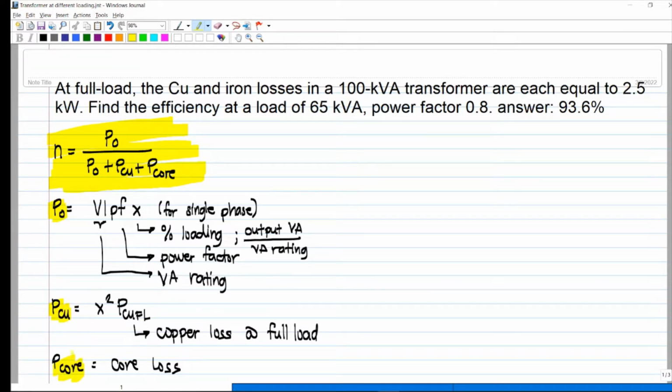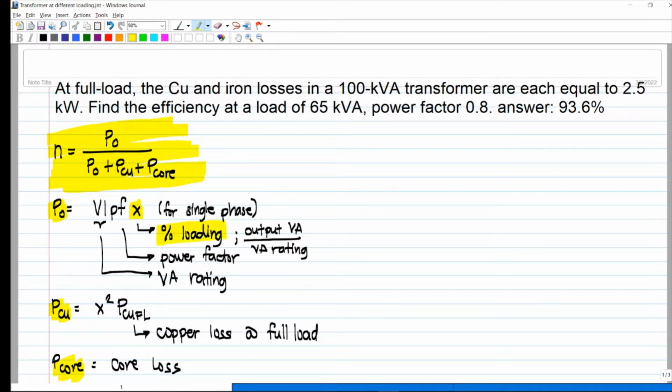So, yung output power from the formula of power ng single phase, that is VI, power factor, times X. So, ano naman tong X na nasingit dito? So, this X is the percent loading ng transformer.